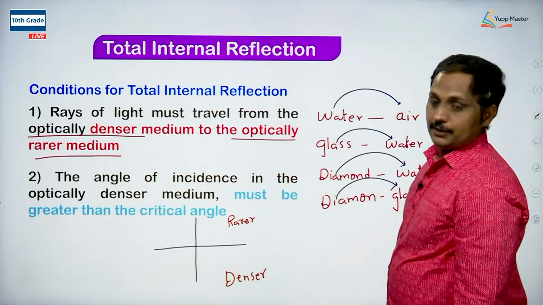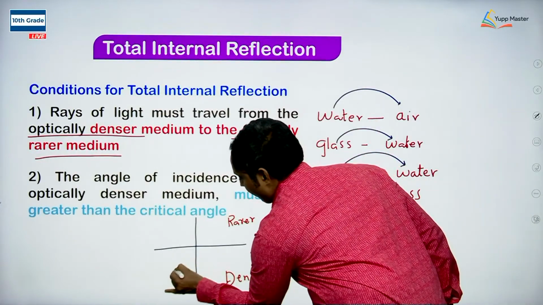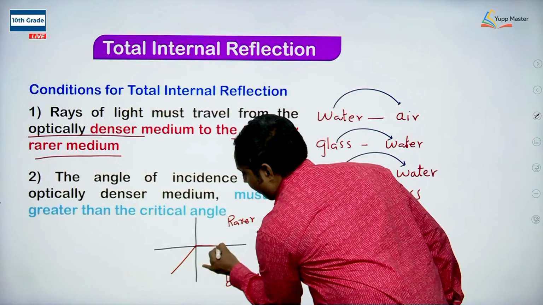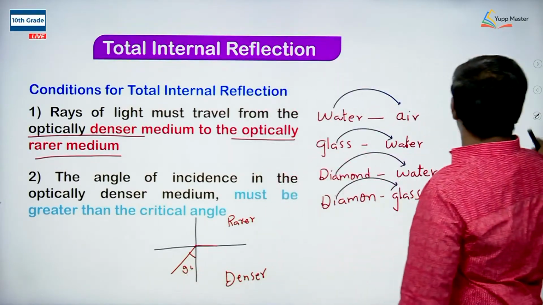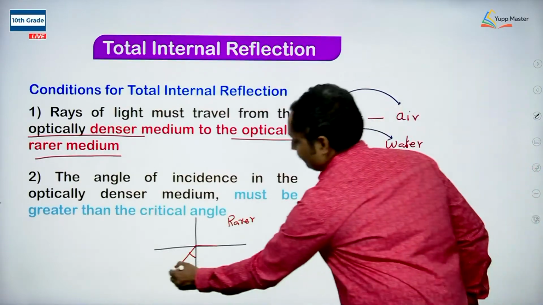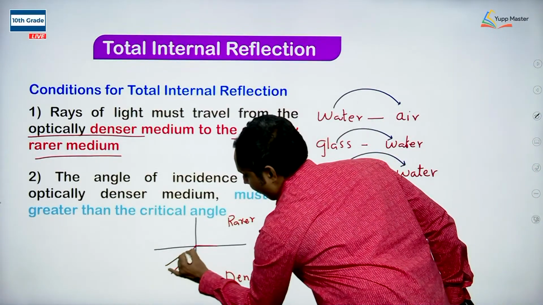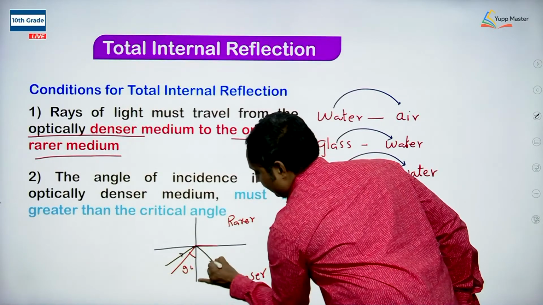This is theta c, but the light rays are incident above the critical angle.